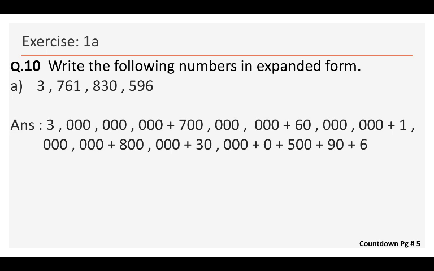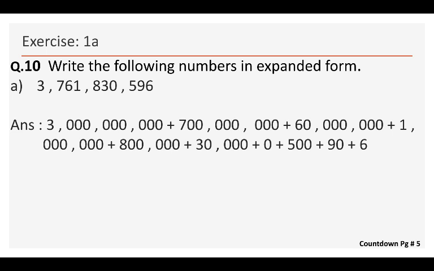Next comes the next place value, and 6 is at the ten millions place, that is 60 millions. After 60 millions you will write down 1. And what is the place value of 1? That is 1 million. So you will write down 1 space comma 000 space comma 000.